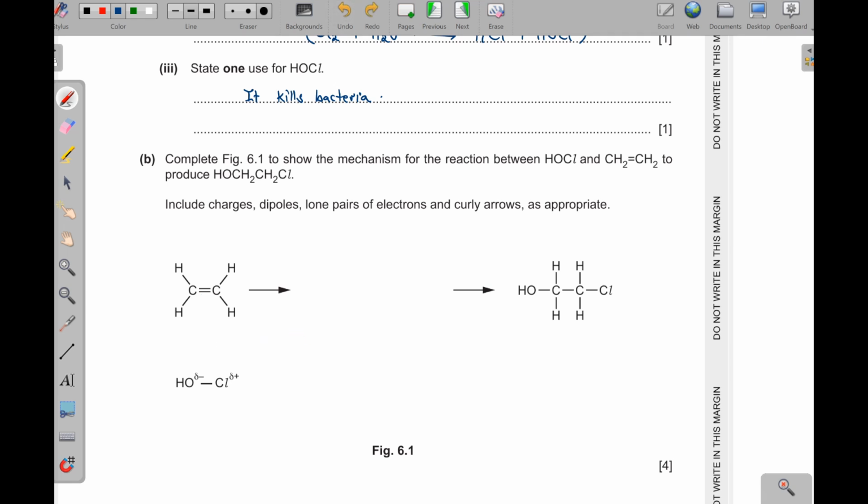That means when we bring an arrow from here, we bring it to this side, which is positively charged, because the pi system is negatively charged, as there are electrons in there. They are donated to the side that has the positive charge, and this bond will break off.